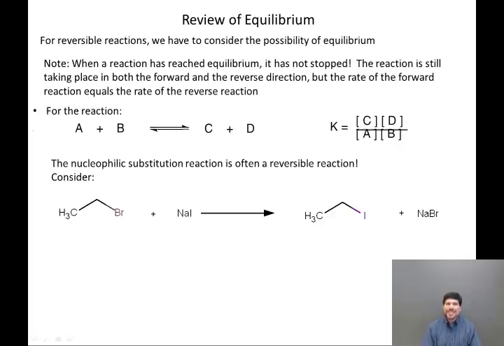If you consider the reaction of ethyl bromide with sodium iodide giving ethyl iodide plus sodium bromide, this reaction is actually reversible.